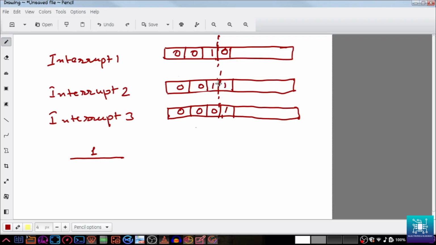If you take the group priority, both have the same priority. However, interrupt 2's sub priority is higher in the sense that it has a higher number, which means it has a lower priority. So interrupt 2 is going to be suspended.